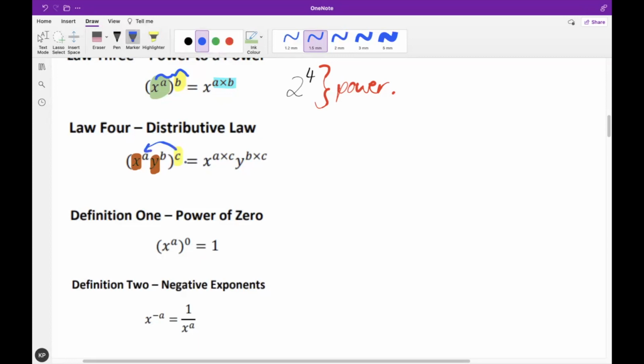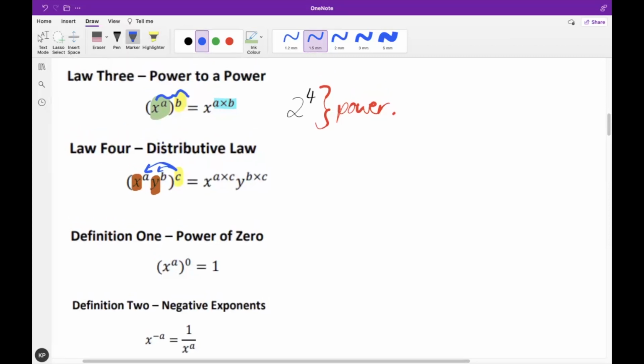So you multiply the exponent of x with your power outside and the exponent of y with the exponent outside. Okay, this is an extension of law 3. The only difference is that in law 3, there's 1 base, but in law number 4, there's an x and a y, which means there are 2 bases.